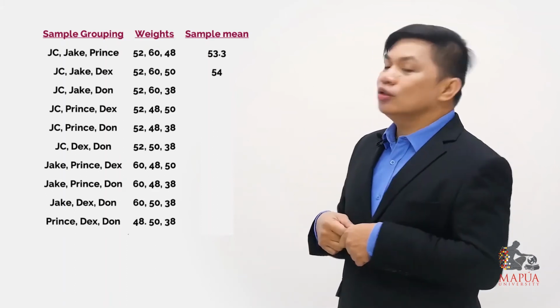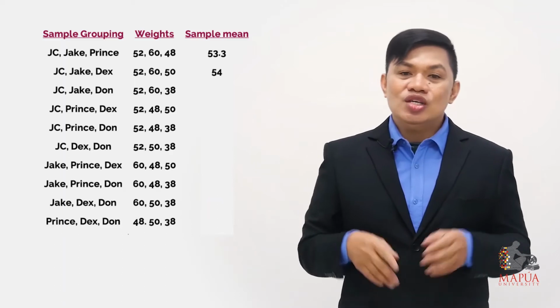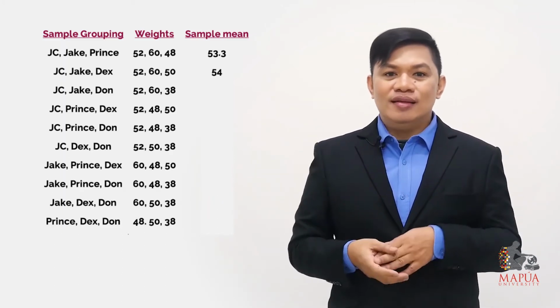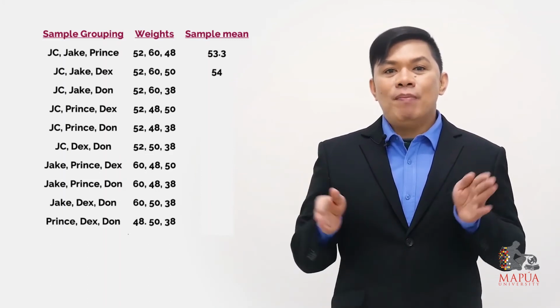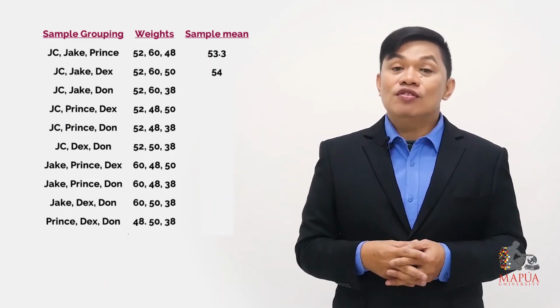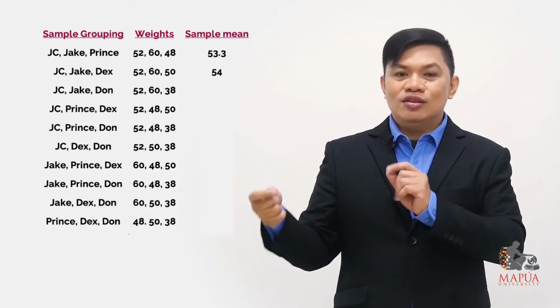Now, if you look at the second group consisting of JC, Jake, and Dex this time, their weights are 52 pounds, 60 pounds, and 50 pounds. The average, in this case, is going to be 54 pounds. So, there's another value of the mean now. It's going to be 54.